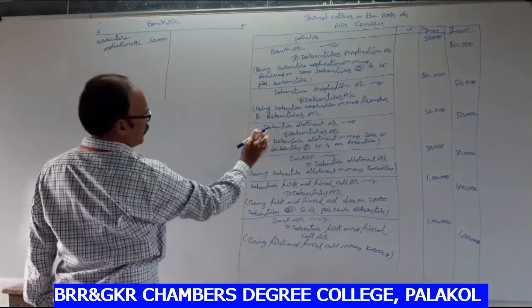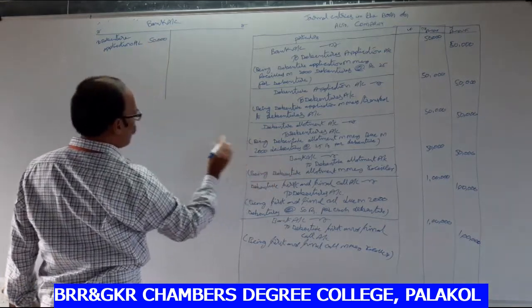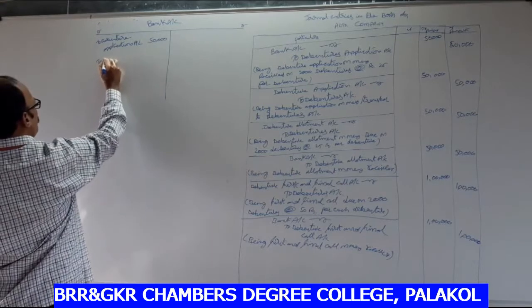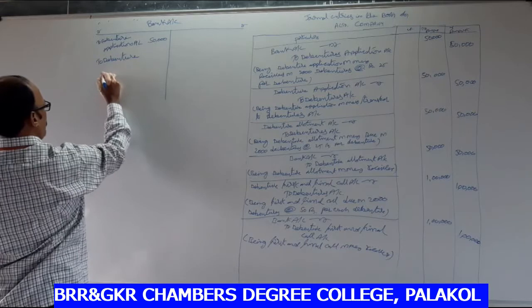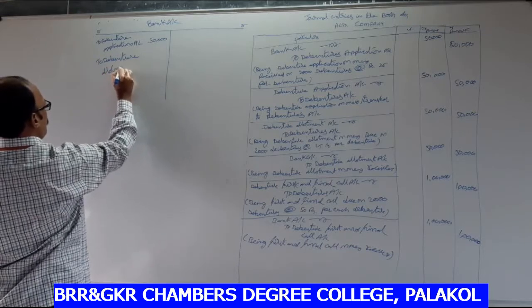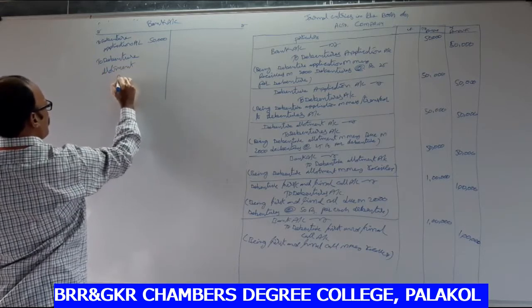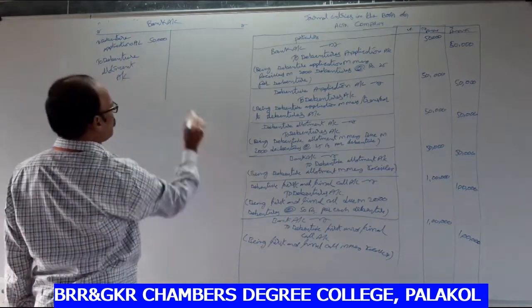Next general entry, bank account debit to debenture allotment account. So, to debenture allotment account, how much? 50,000.